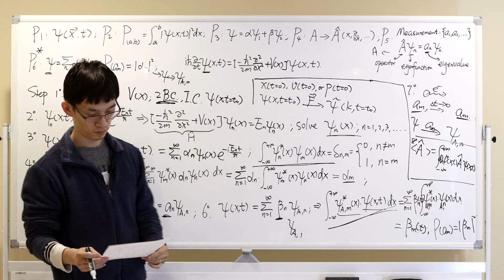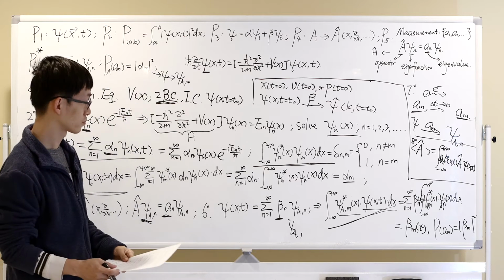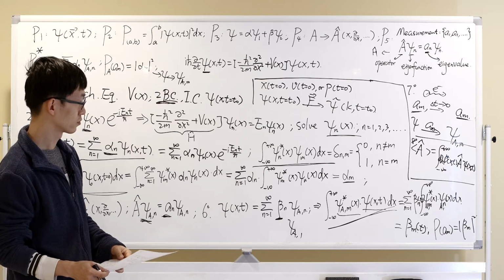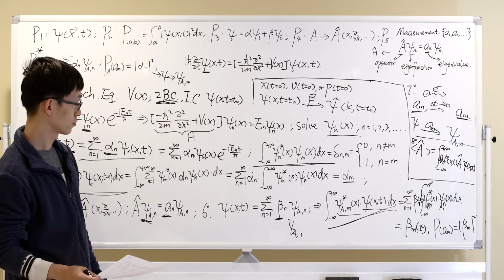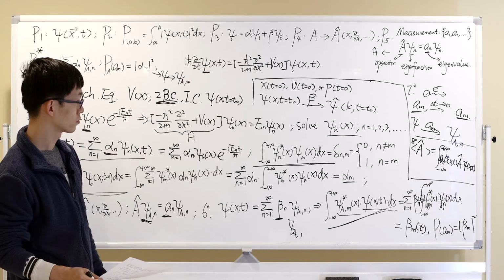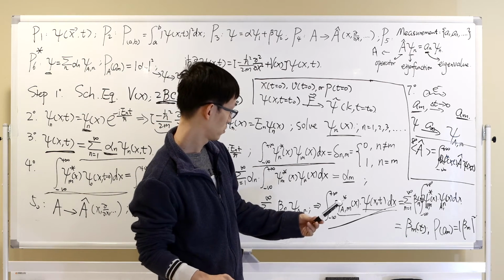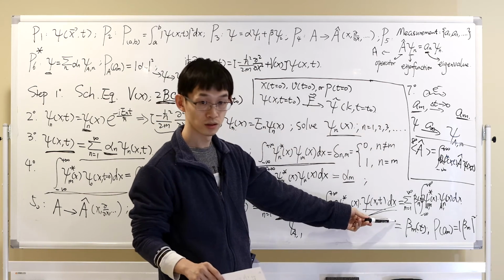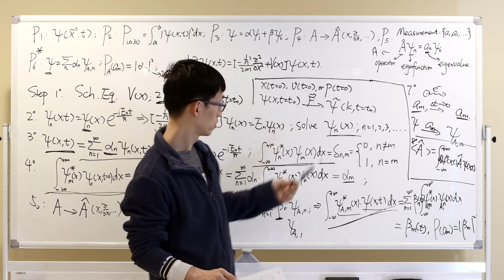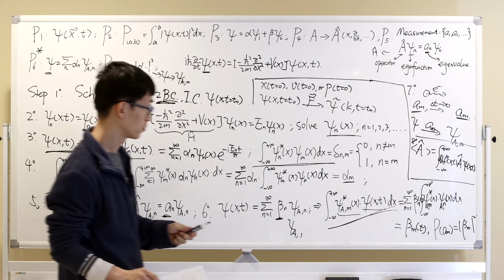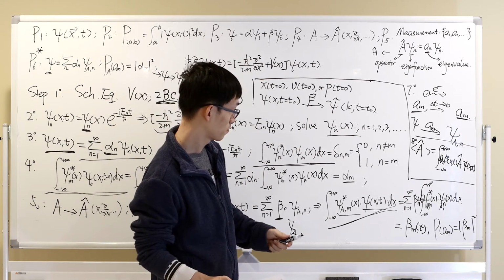And then after the arrow, how do you get from before the arrow to after the arrow? You mean which part? Here or here? In step 6, right after the beta sub n.